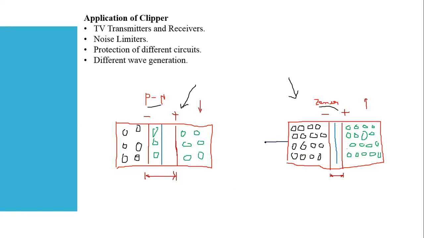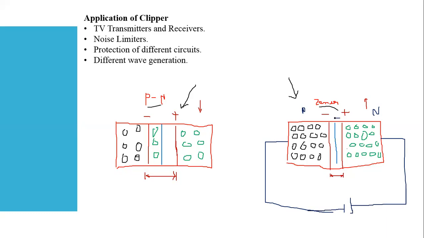That means you have to connect the battery terminal like this. How? Because this is P, and this is N. So here I have to connect positive and here I have to connect negative. So what happened?